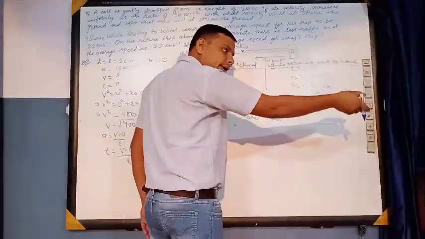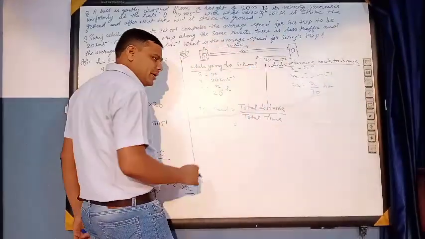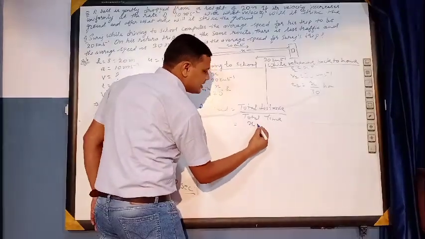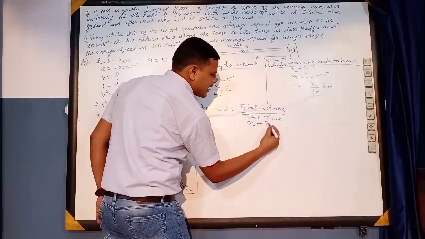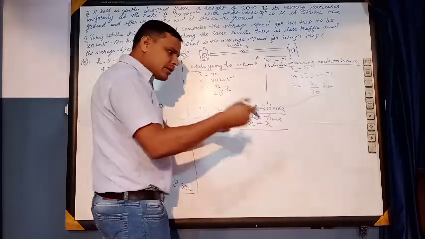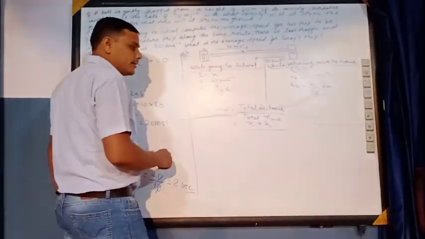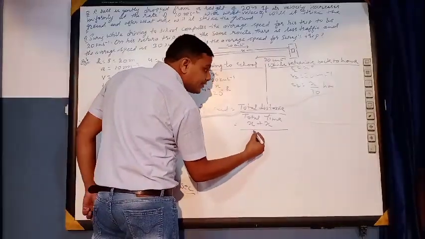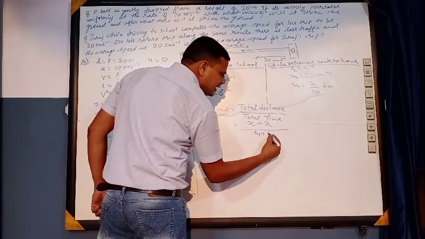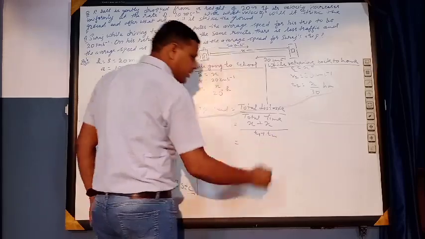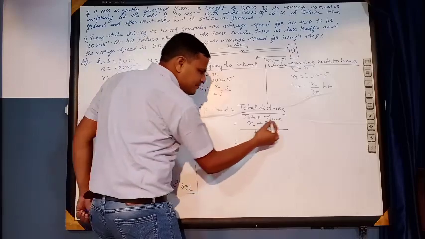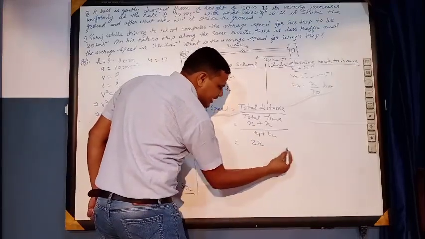Here we have total distance x while going, x distance while coming. So we can say total distance is x plus x, because while going or coming distance is same. Now total time we can say T1 plus T2.